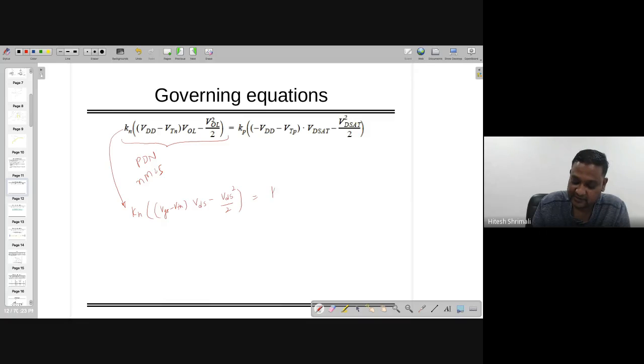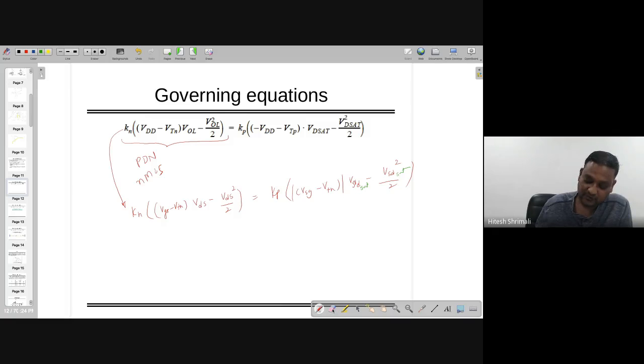And for the other side, it's Kp times (VSG minus VTP) times VSD minus VSD square by 2. This is for PMOS, but as the PMOS is in saturation, you can replace this with VSD sat, right? So this is what you can do over here.